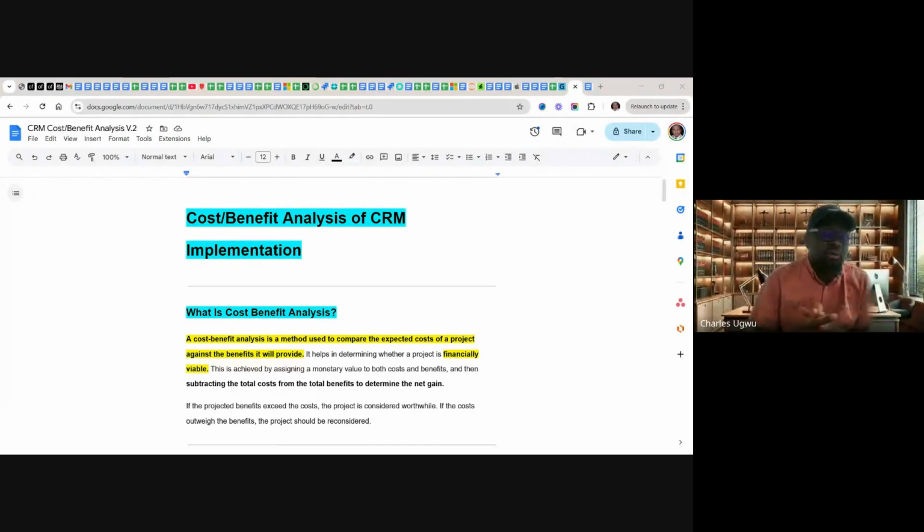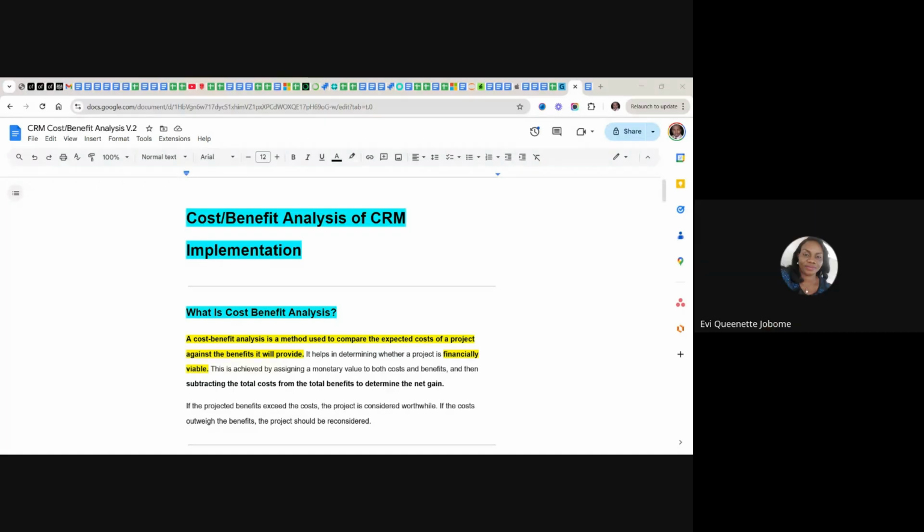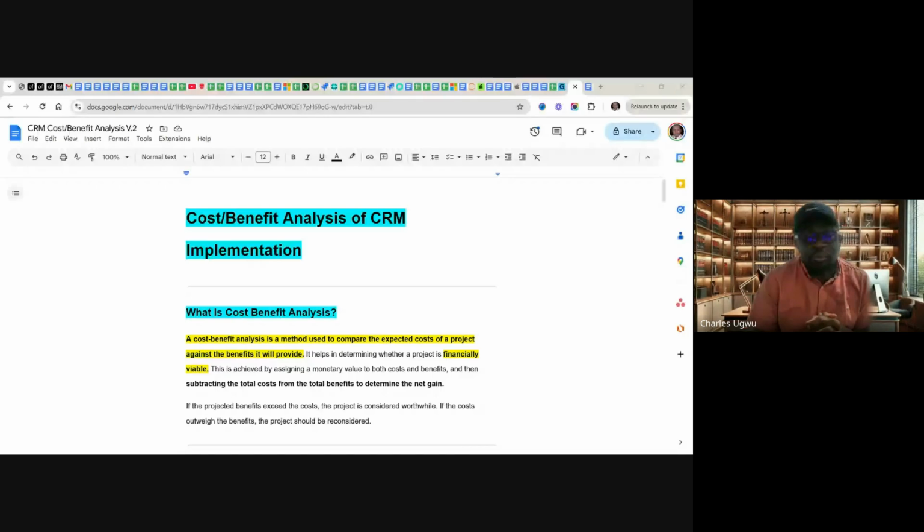Net present value is what we get after subtracting the cost from the benefit. That's the net present value. Then the other one I was saying is payback period. Sorry, I was talking about payback period. That's what we use in financial markets.